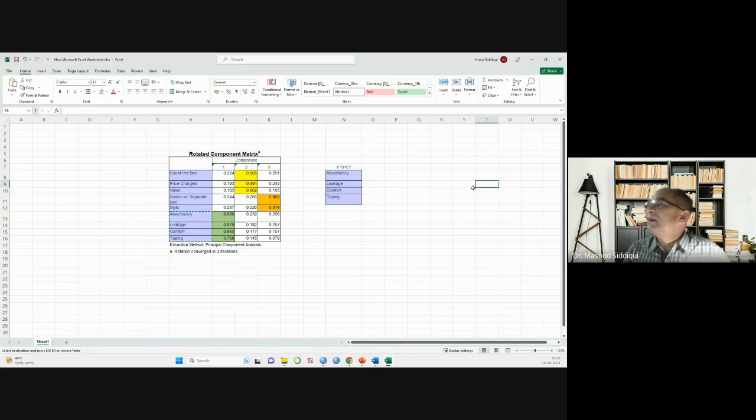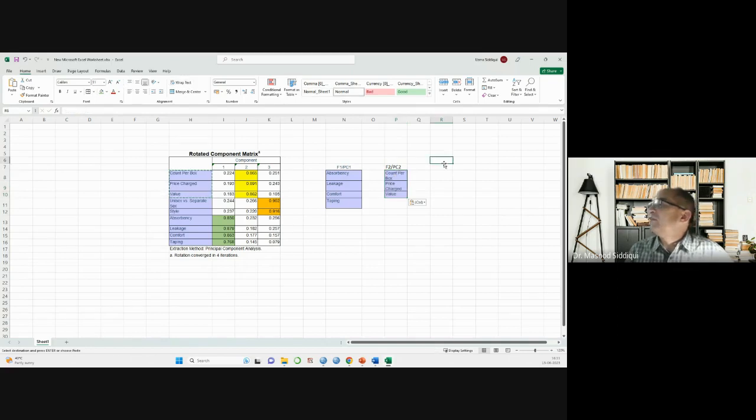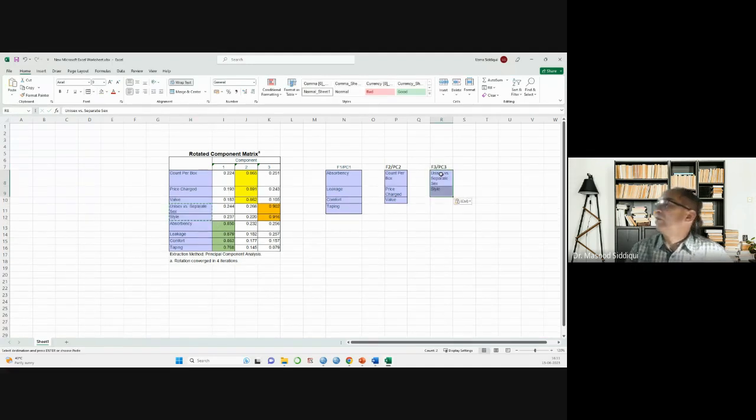In factor 2, or principal component 2, we have these variables. And then we have factor 3. For principal component 3, we have these two variables.